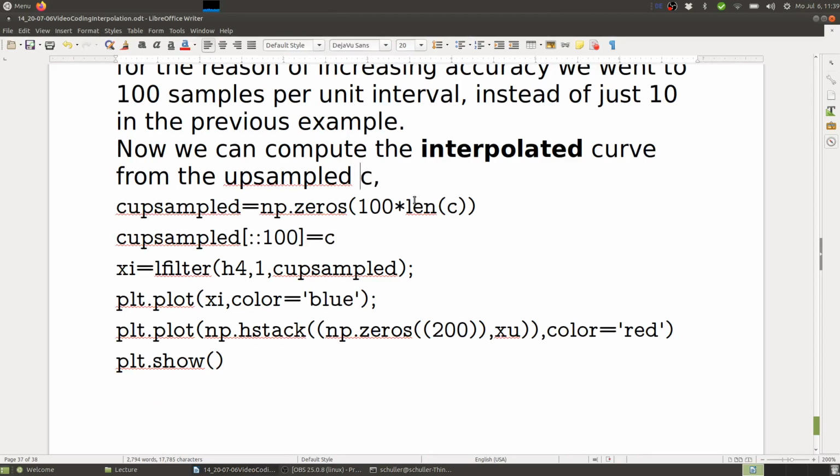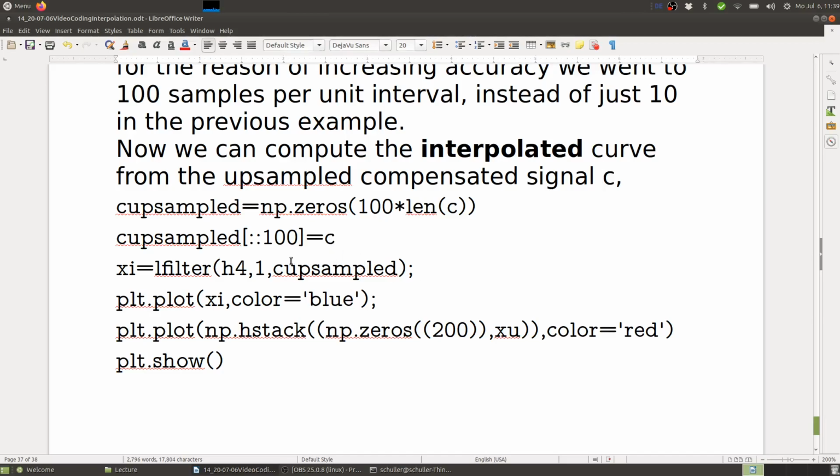Compensated signal. So here we can see it. We have the upsampled version initialized with zeros, and then every 100th index gets the content of C assigned.